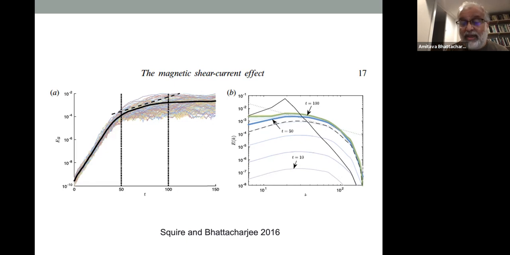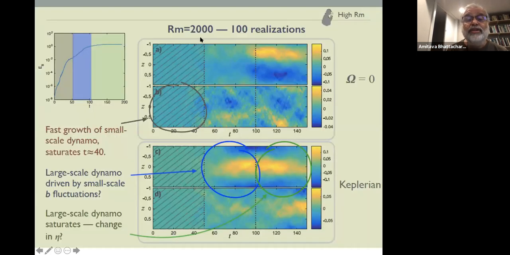He called this the magnetic shear current effect, and this showed up in his simulations, and he has written about 8 papers on this subject that I urge you to look at if you ever had interest in this problem. But the dominant thing of it was that you needed sheared rotation.